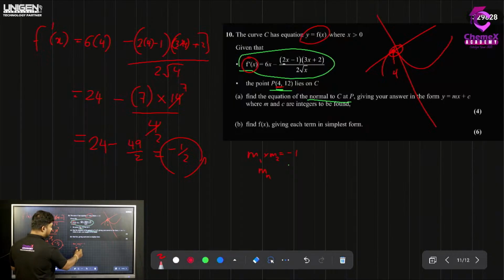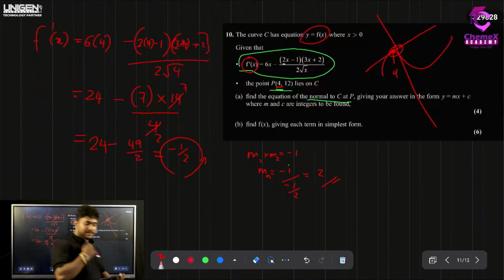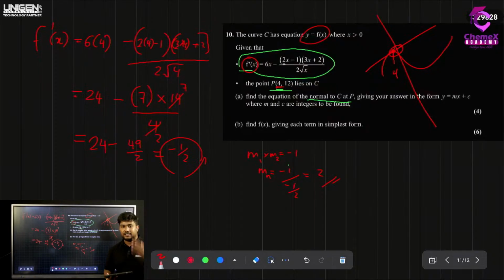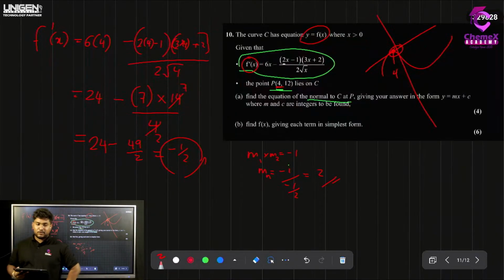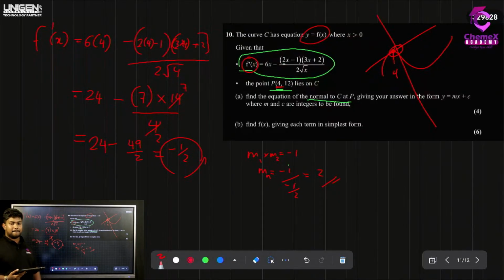So the normal's gradient is equal to minus 1 divided by minus half. So it's going to be 2. Did you understand that or not? You don't understand? Ask. Did you understand why it's 2? Midusha.